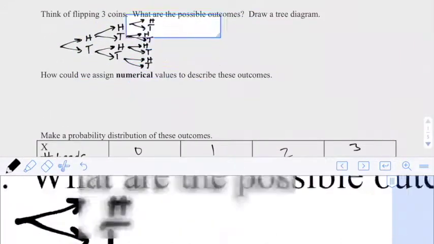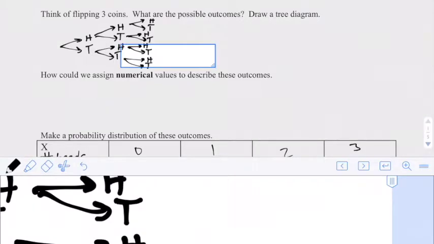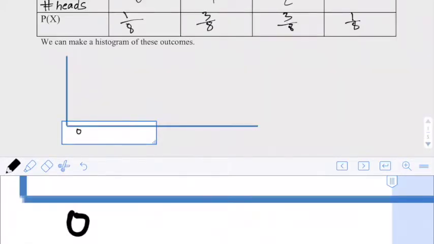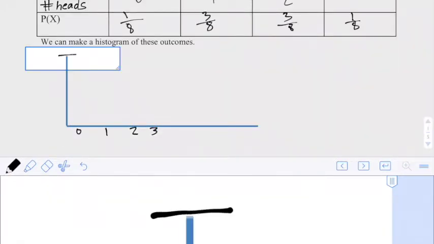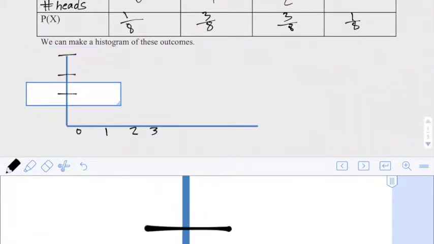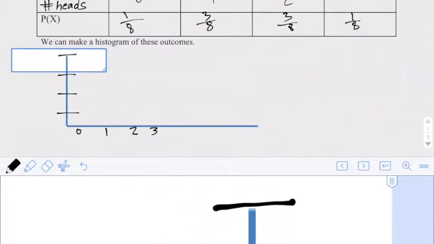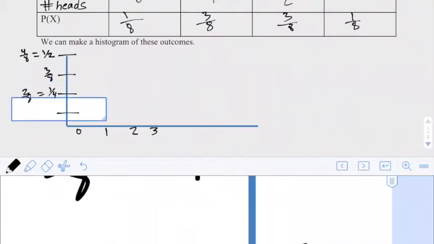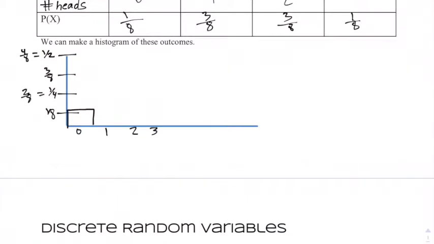Sometimes it's easier to list them out, and that could help, but the tree diagram helps make sure that you get all of them. We can make a histogram of these outcomes. So there we go. We could see that it's very symmetric, and the middle's about 1.5.